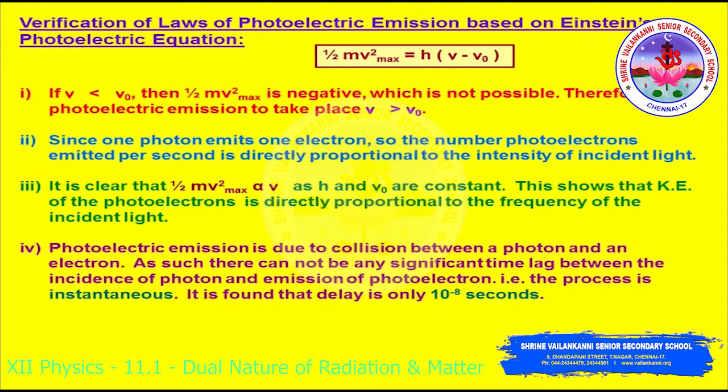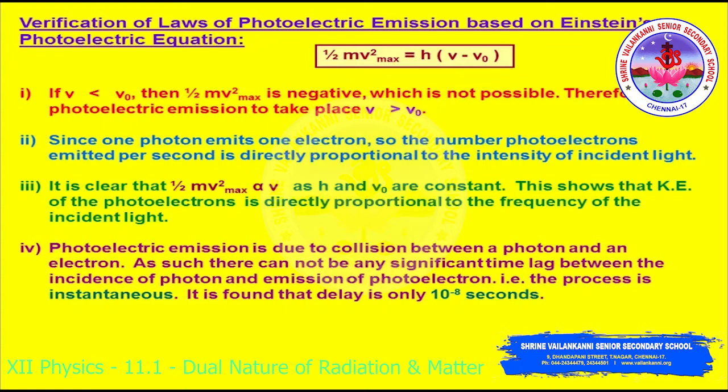And for the time lag, the photoelectric emission is due to collision between a photon and an electron. As such, there cannot be any significant time lag between the incidence of the photon and emission of the photoelectron. So that means the process is instantaneous.